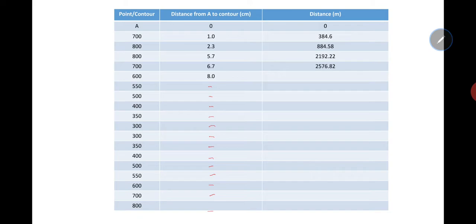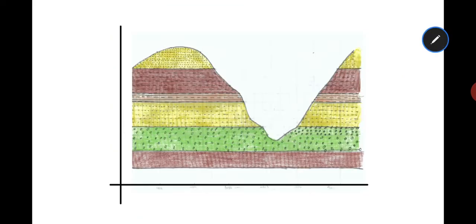So you must convert all of that using the scale. I just jotted down the scale right here: 2.6 centimeters is equal to 1000 meters on site. Okay, make sure you complete this table, and next you can draw this cross section.